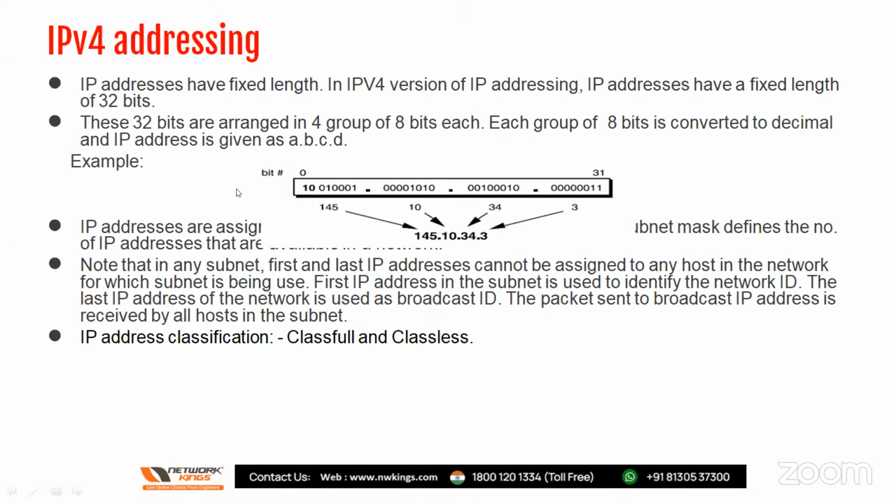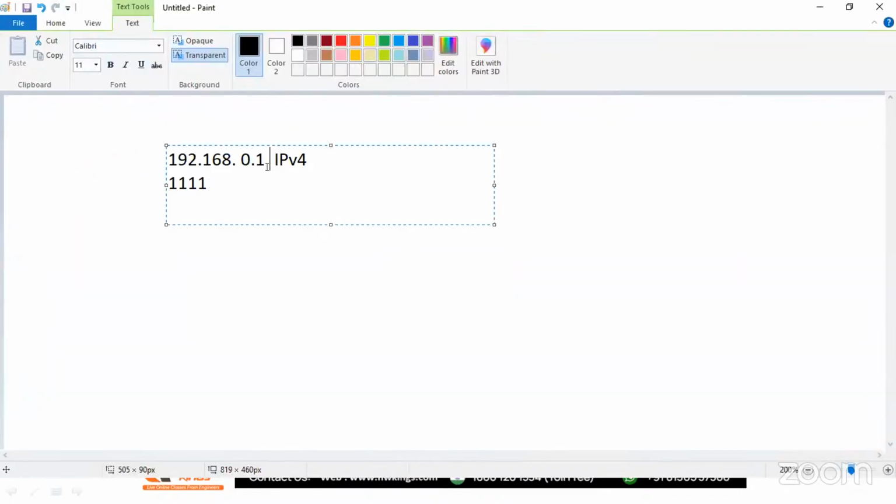Once again, let me go back here. You'll be able to assign this IP address to any host except the first and last IP address, which means the first IP address is reserved as the network ID and the last IP address is reserved as the broadcast ID. So if I give this IP address as 192.168.0.1, you can assign IP addresses up to 192.168.0.254.